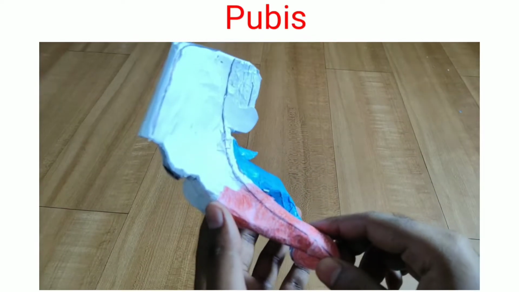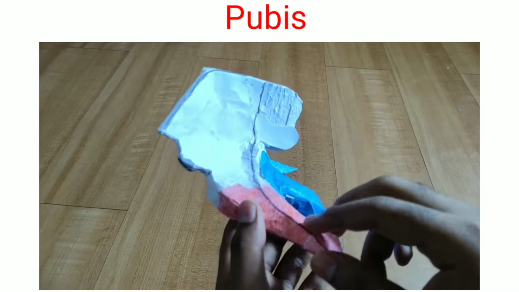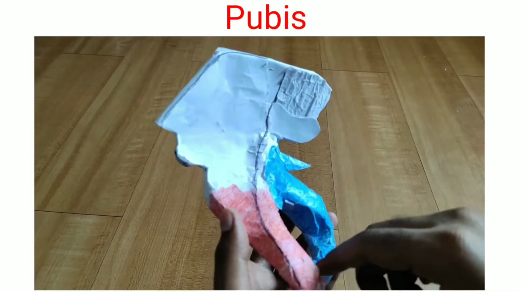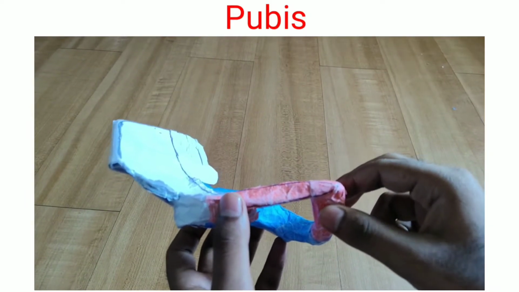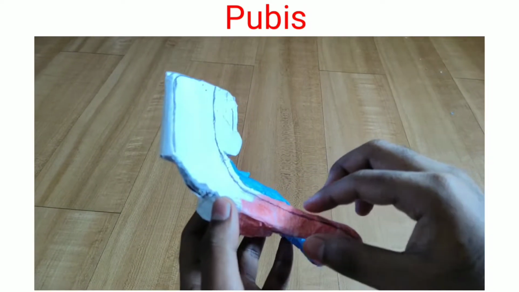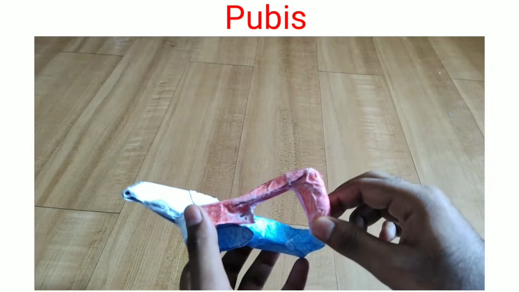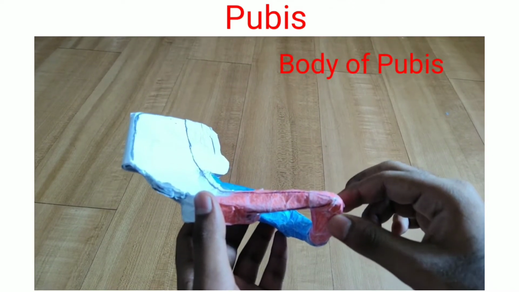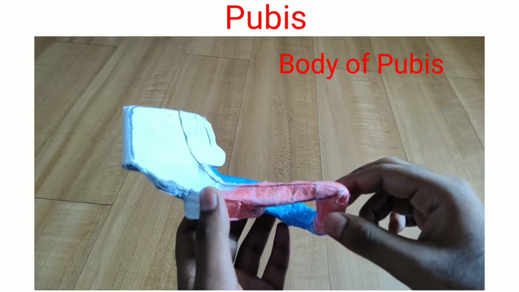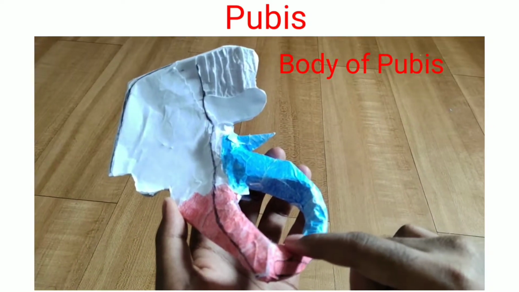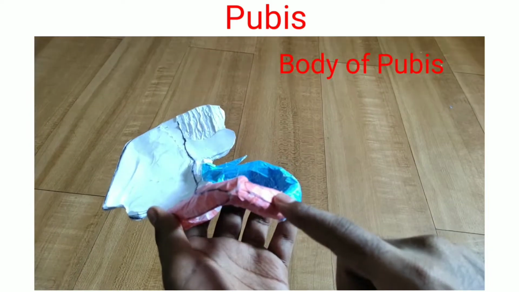Now let's see the next part, that is the pubis. It lies in the inferior and the anterior part of the hip bone. The pubis is made up of a body and 2 ramuses. That one is the superior ramus and the inferior ramus. The body is a flattened one, and it has 3 surfaces, that is anterior surface, posterior surface, and the medial surface.